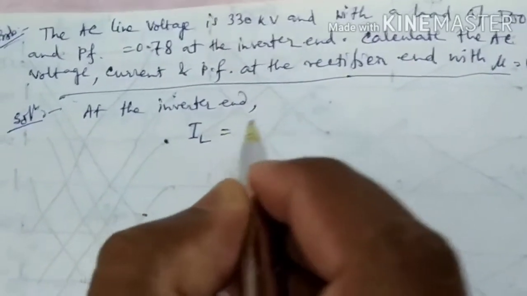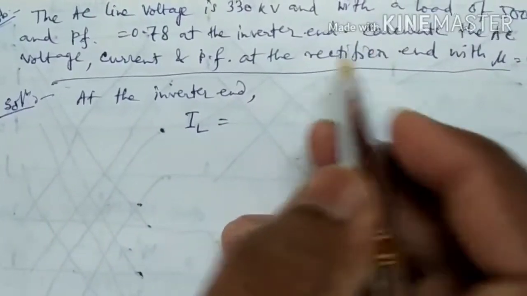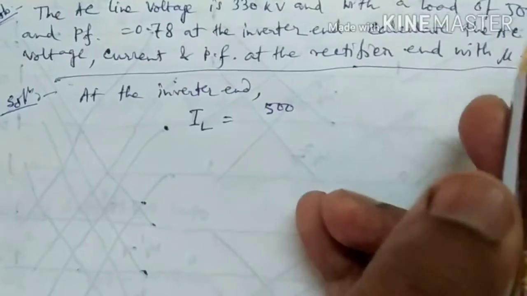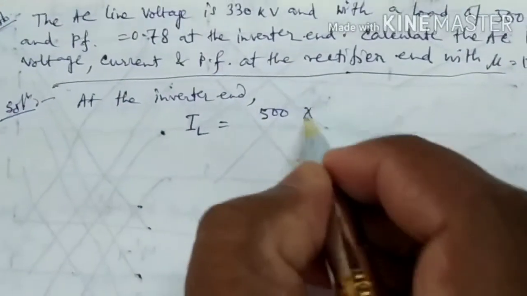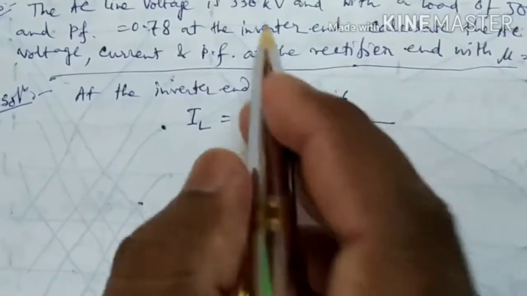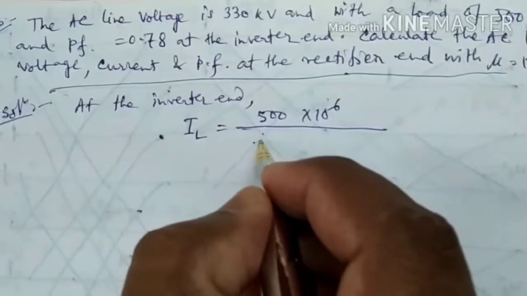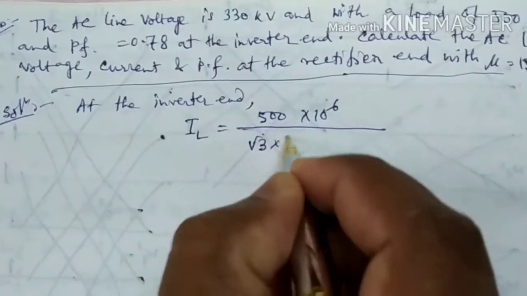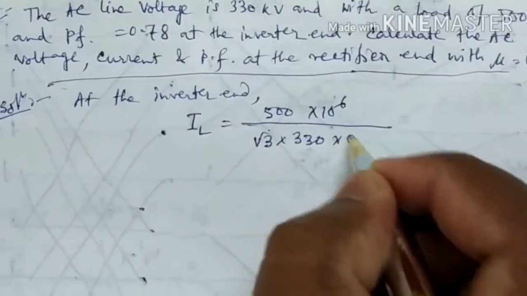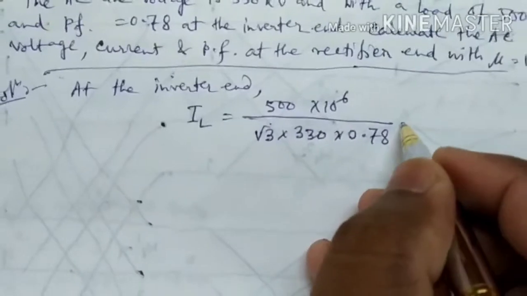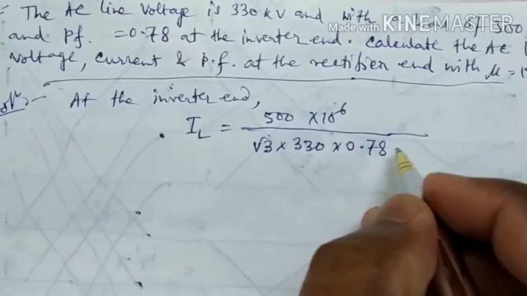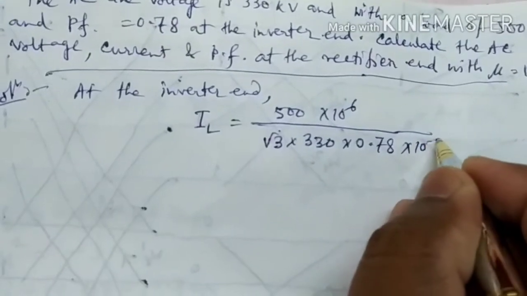line current will be, total power 500 megawatt. So 500 into 10 to the 6 divided by line voltage, that is root 3 into 330 into power factor 0.78 and 330, that will be 10 to the minus 3.